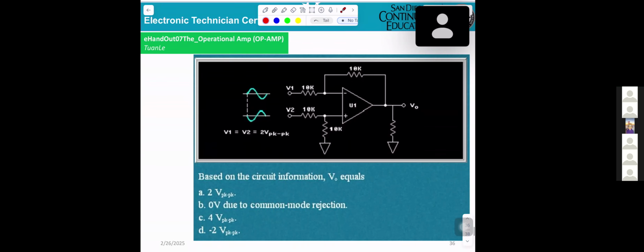So, the differential amplifier combines input waveforms and accounts for amplitude and phase. If R1, R2, R4, R5 are equal in value, then they just repeat it. When you're working on the level, you can see this again. Based on circuit information, Vout equals.